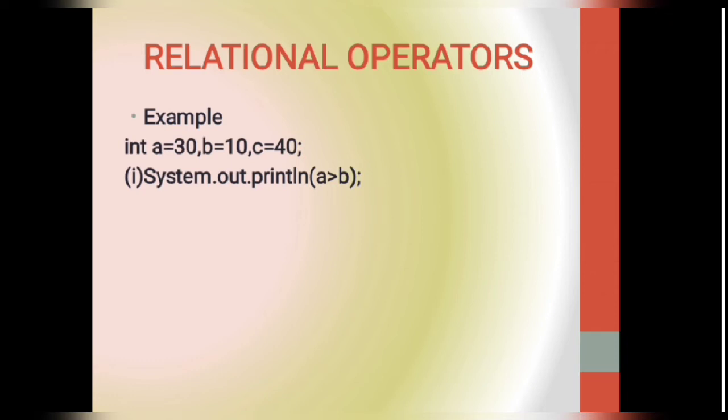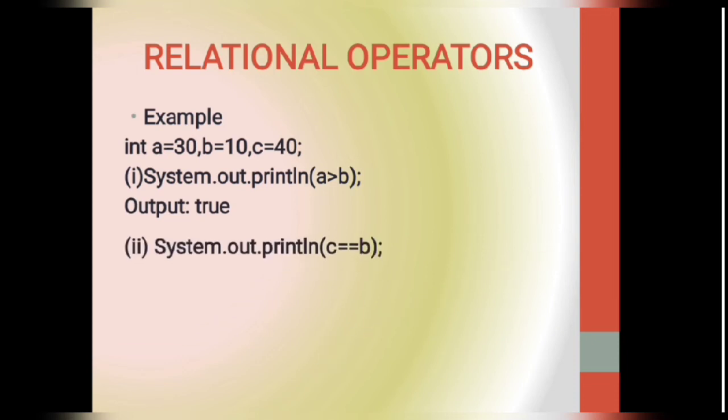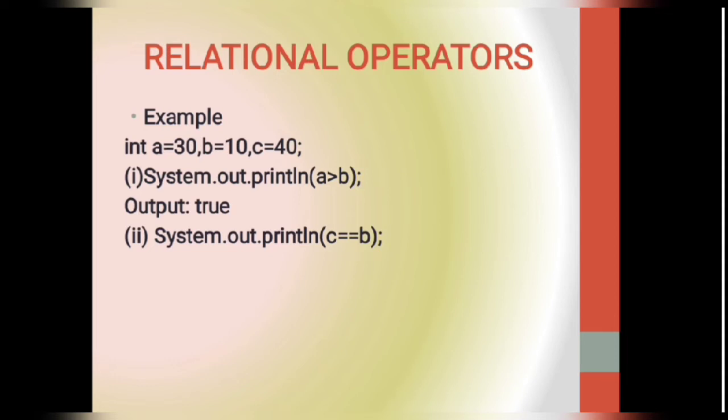As you can see, the value of a is 30 and the value of b is 10, so it is true that a is greater than b. Now let's take the next example, where we check equal to, like c equal to b.